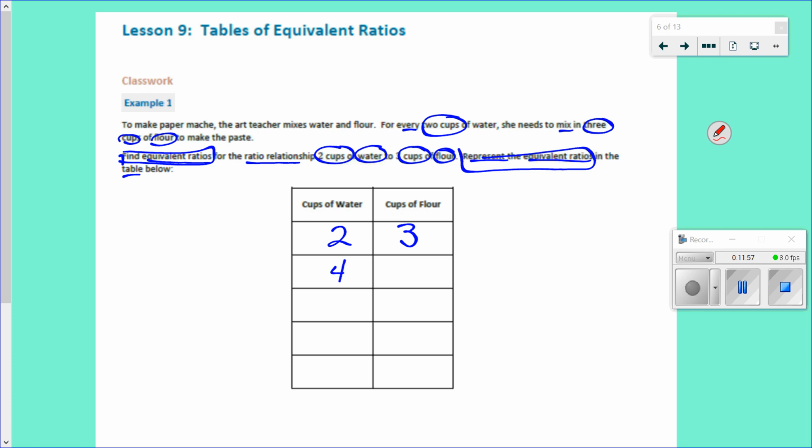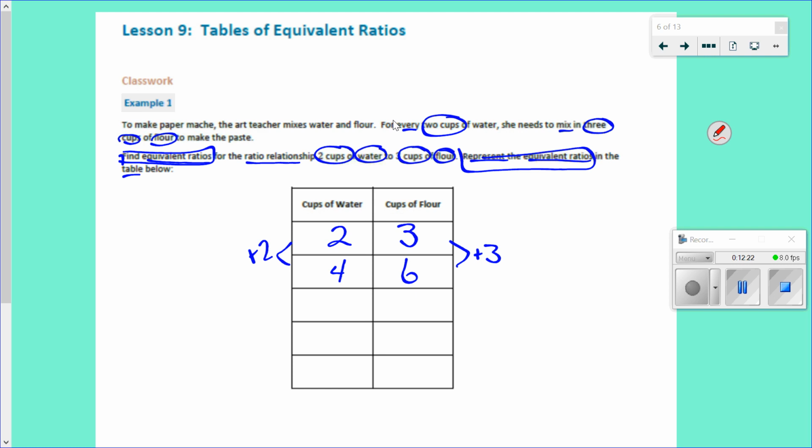And for 3 it would be? How did you get those? Okay, so she's looking at it from an additive perspective.